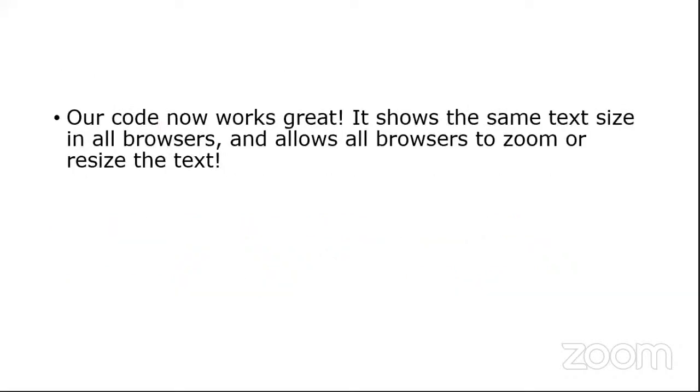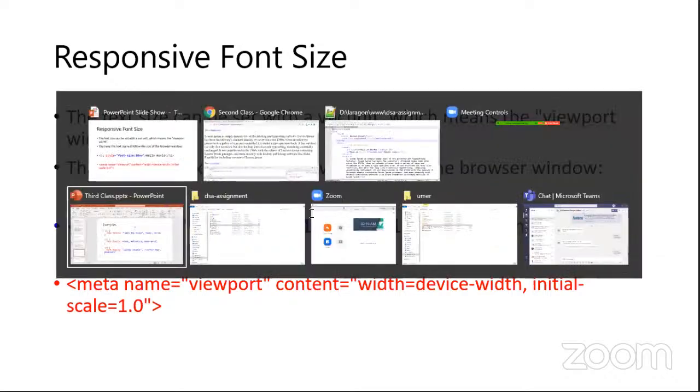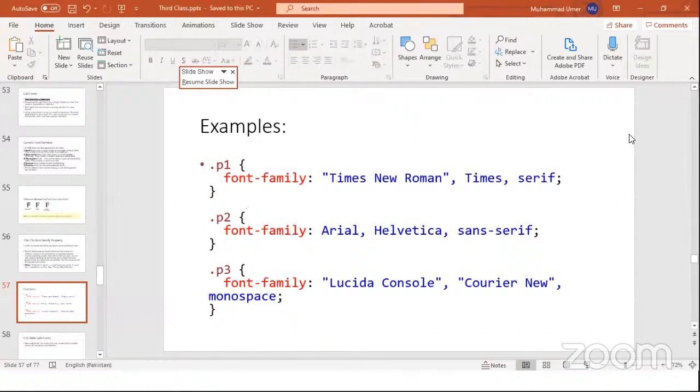Still we didn't see how our text is resized. So we will see by adding this viewport property. What is the use of viewport? The viewport property calculates the width of our browser. Simply we just add this property in our web page.